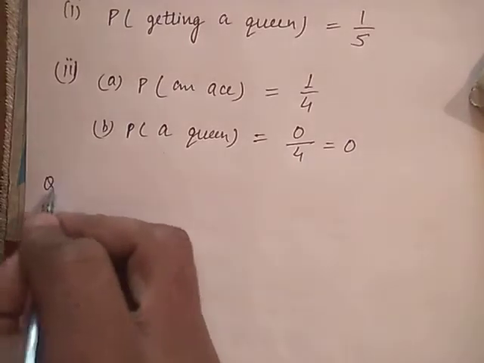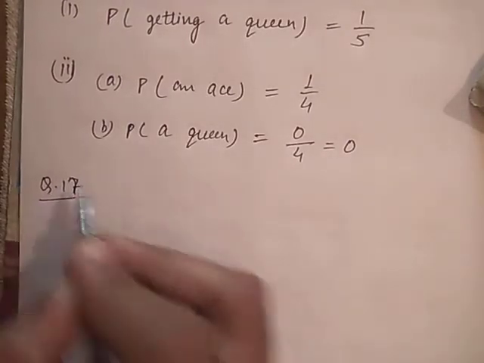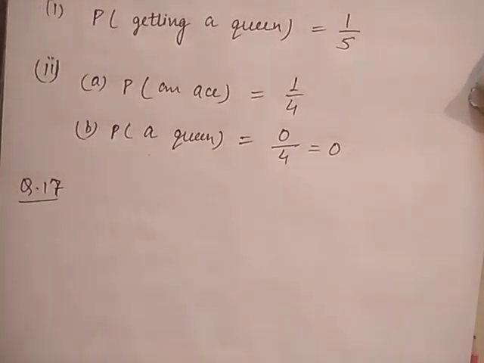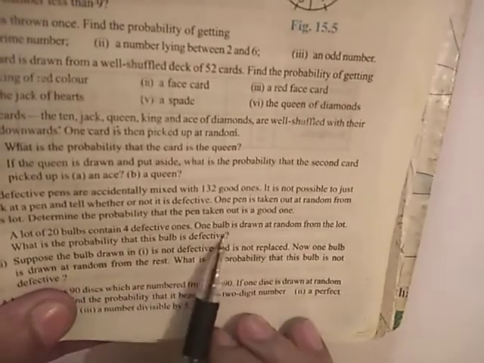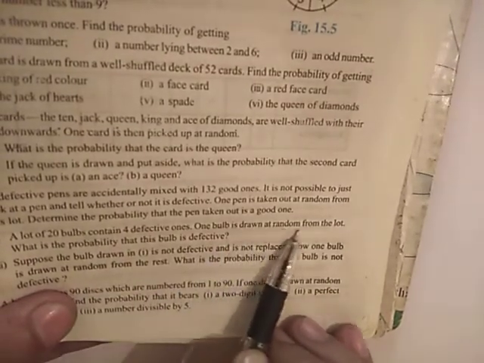What is question number 17? A lot of 20 bulbs contains 4 defective ones. One bulb is drawn at random from the lot.